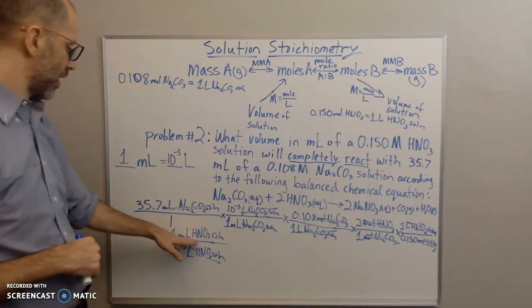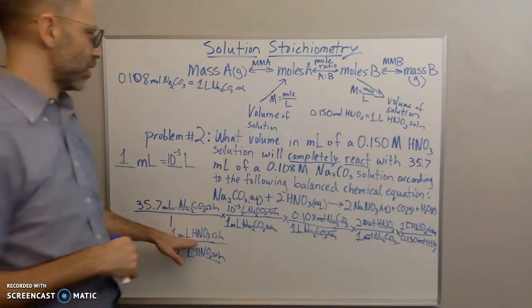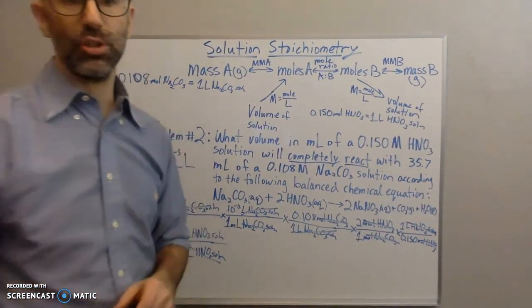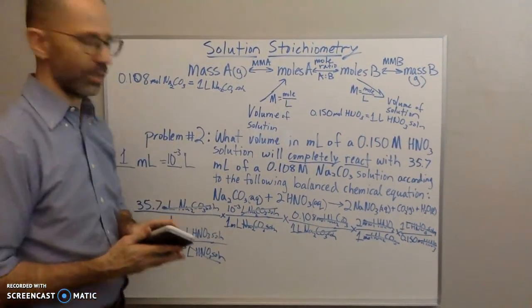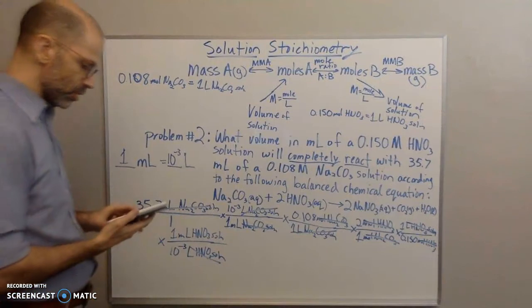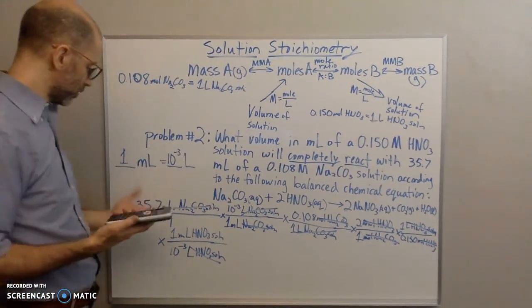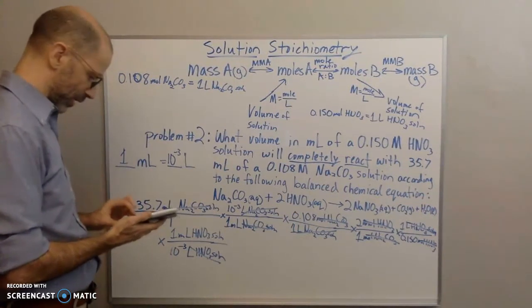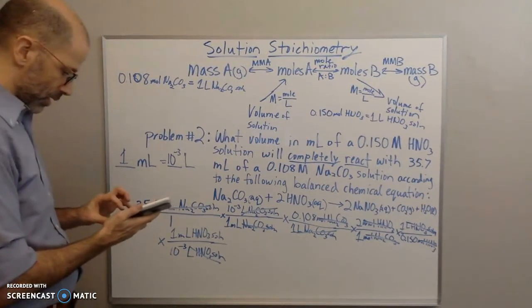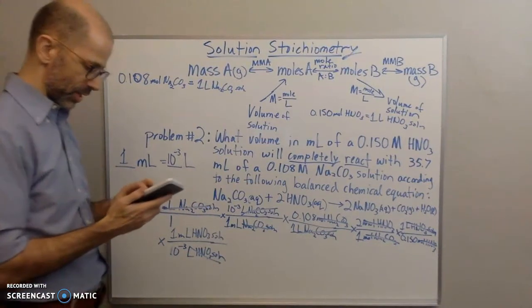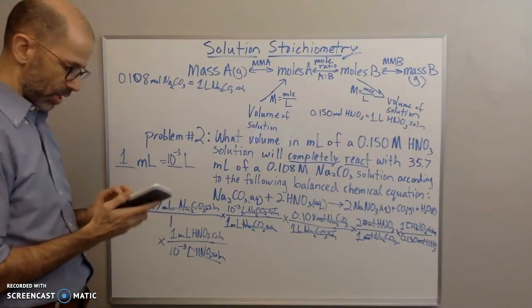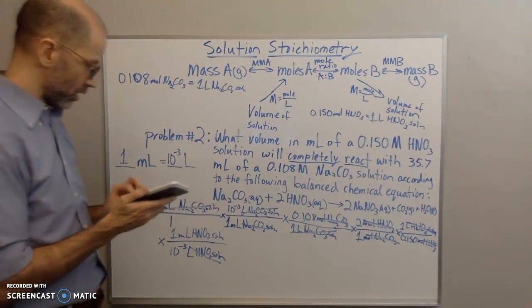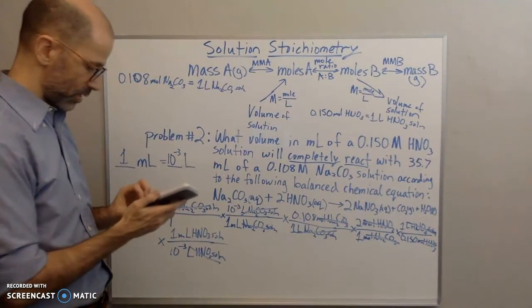Because I have milliliters of HNO3, and they want milliliters of HNO3, now all I have to do is calculate the answer. So that was a long problem, but we're almost there. So I'm going to take 35.7 times 1 times 10 to the negative 3 times 0.108.